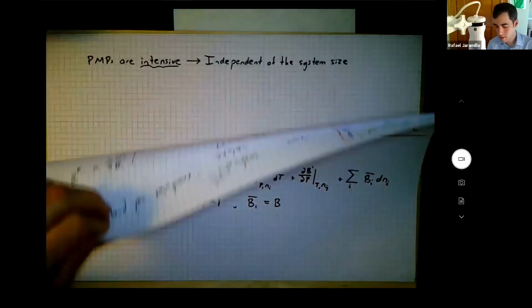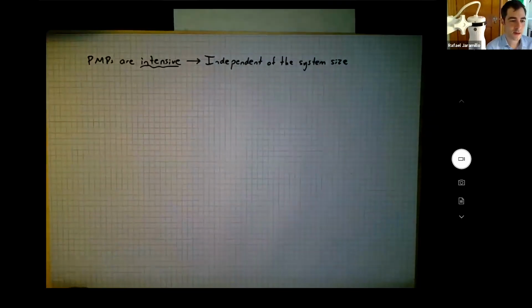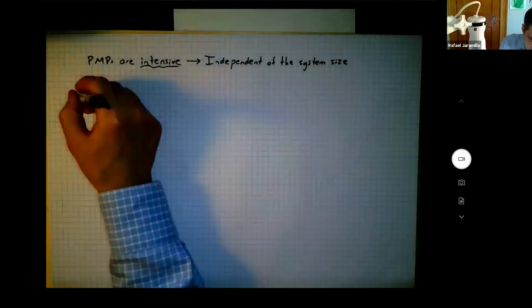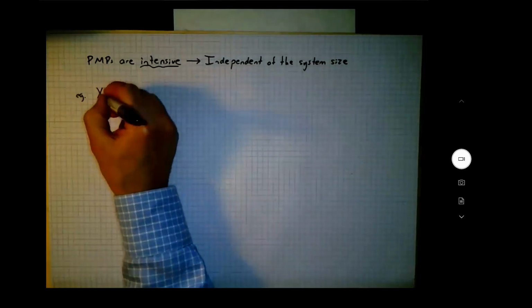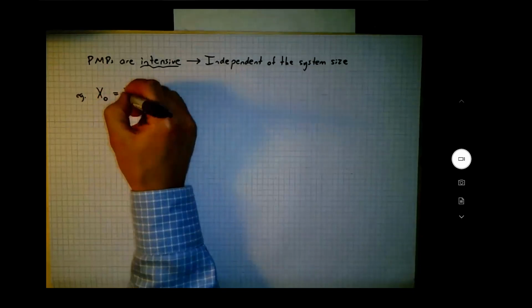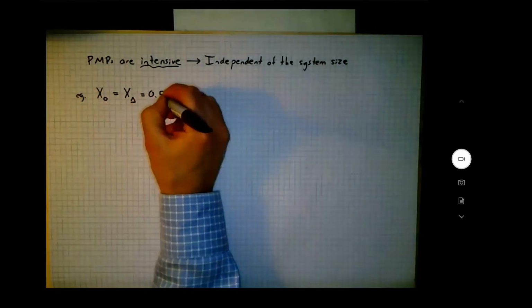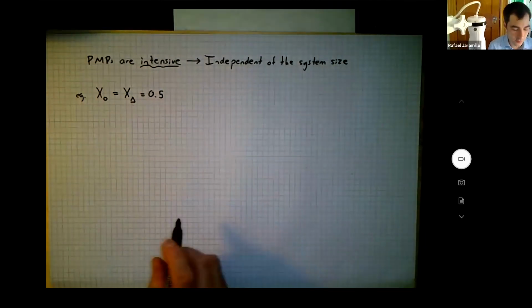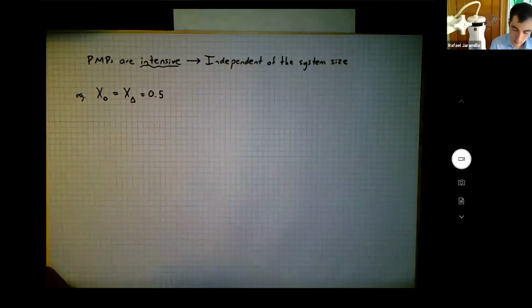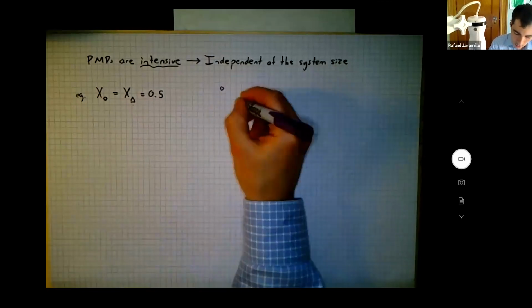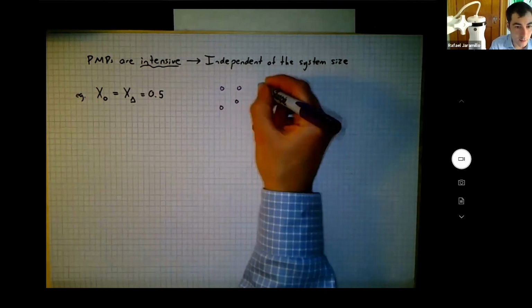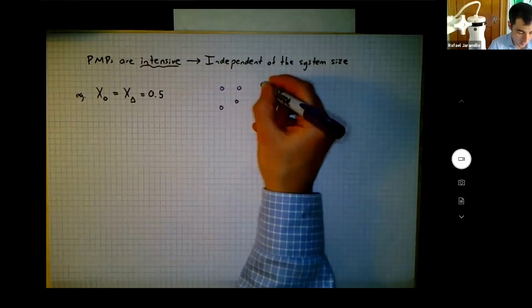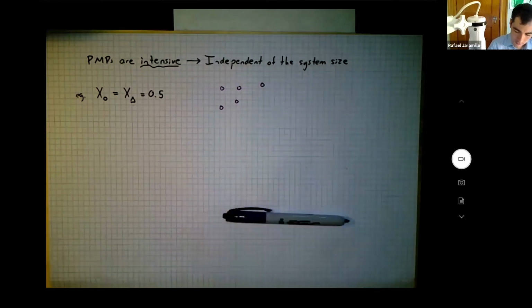But there are useful consequences of this. So let's imagine a system made out of triangles and circles. For example, let's imagine a system with X circle equals X triangle, 50-50, just to be specific. Let's imagine three different systems here. Here we have 5 circles and 5 triangles.